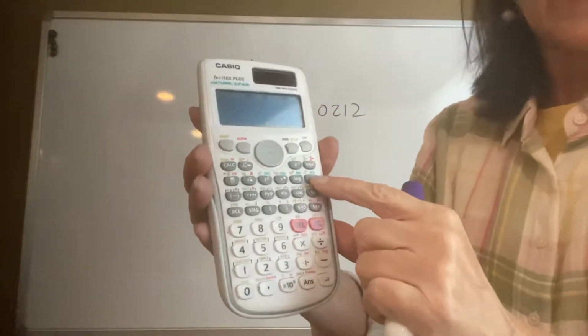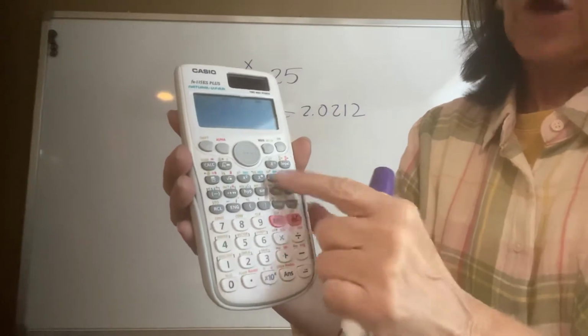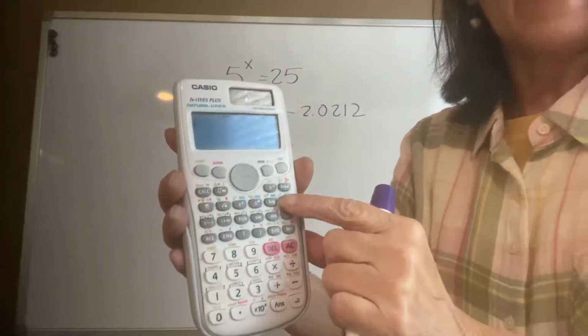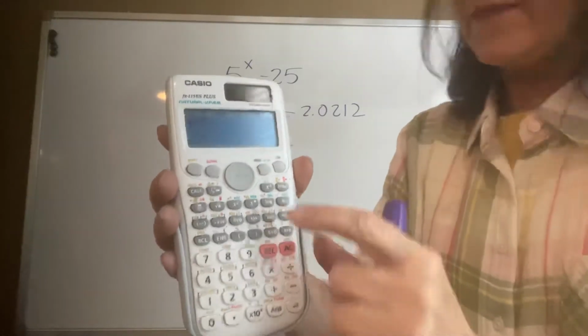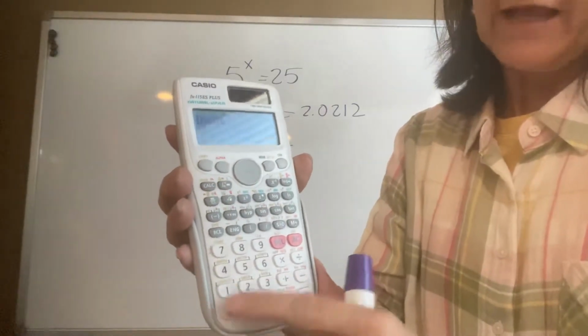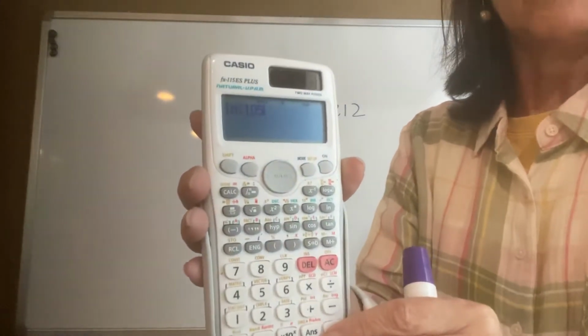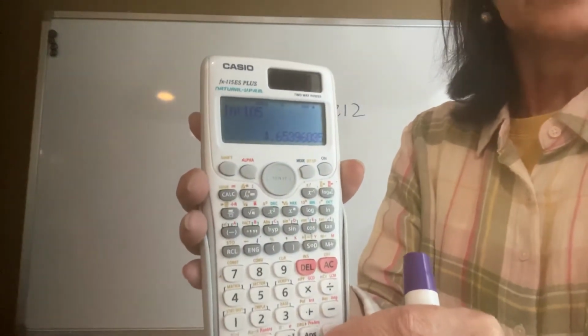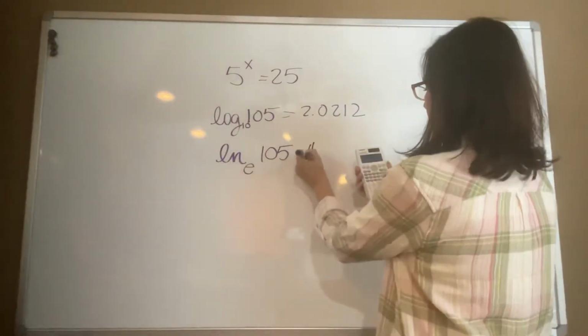You're going to hit the LN key, which is just below or just next to the log when you have a base 10. So you hit LN and then your value, 105. And what does it equal? That's your solution.